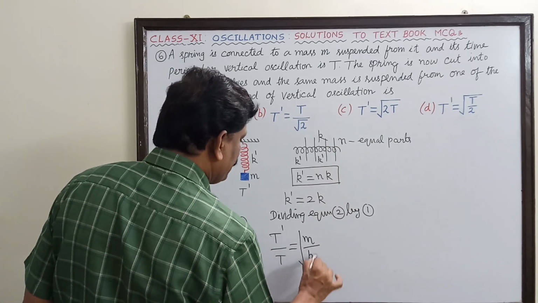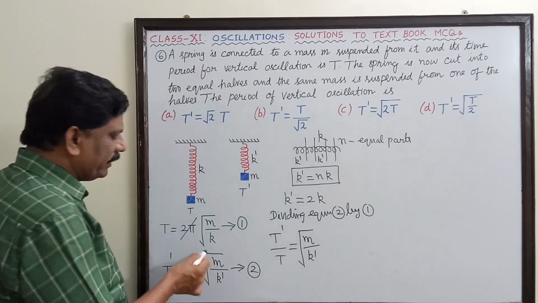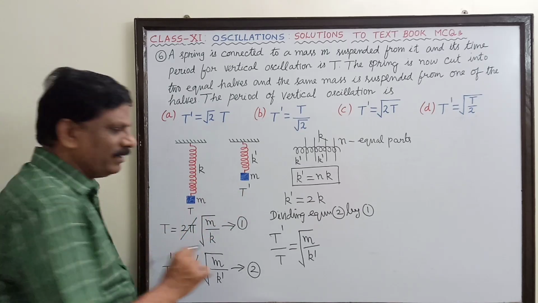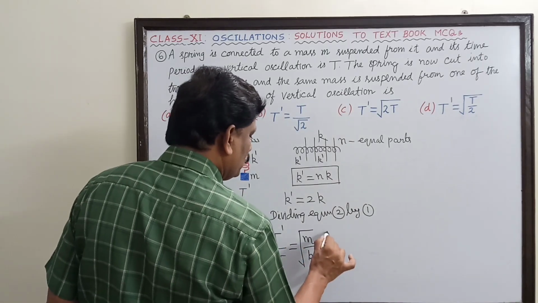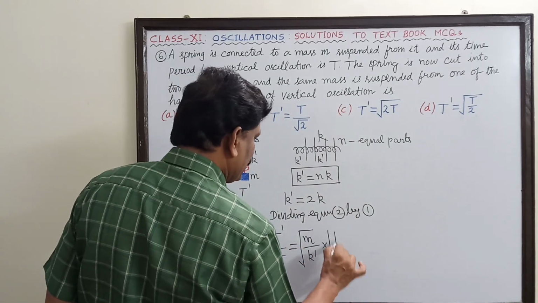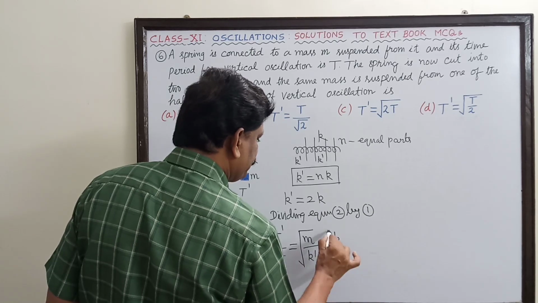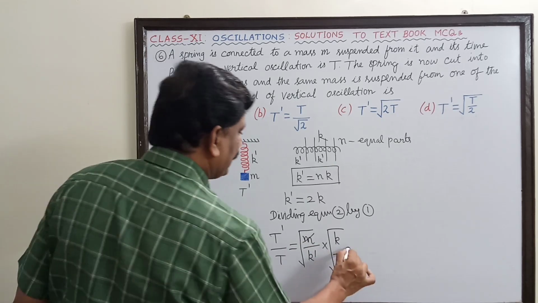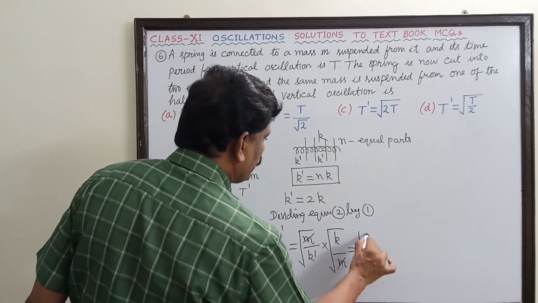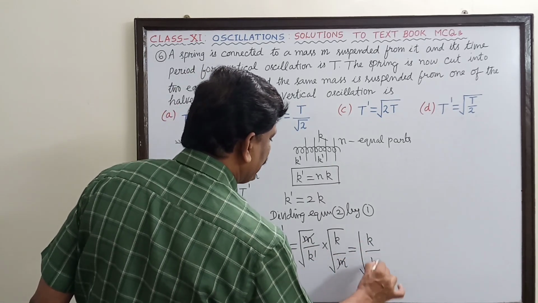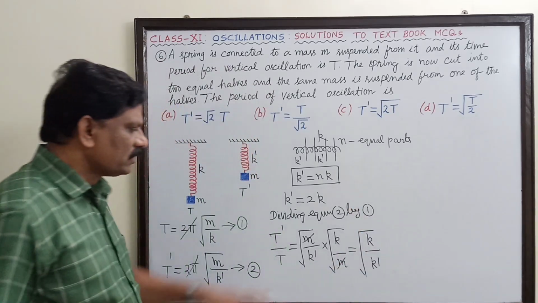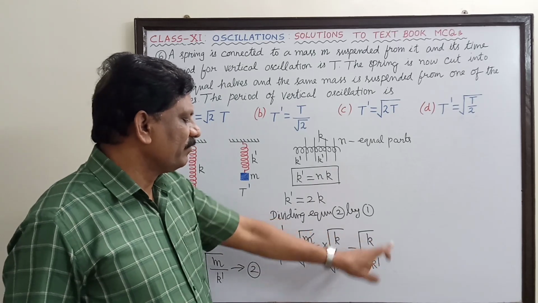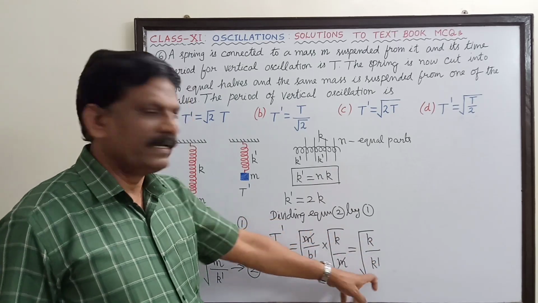While dividing this by the root of M by K, the reciprocal can be multiplied, so into the square root of K by M. So the root of M also gets cancelled. So T dash by T is equal to the square root of K divided by K dash.